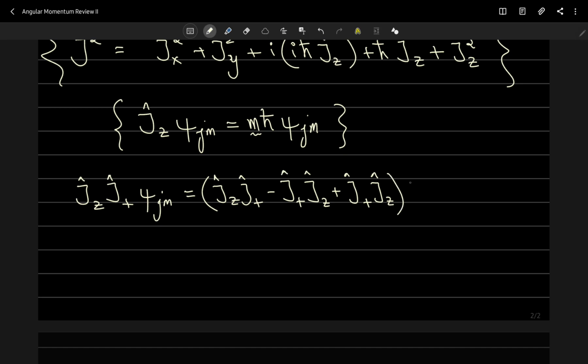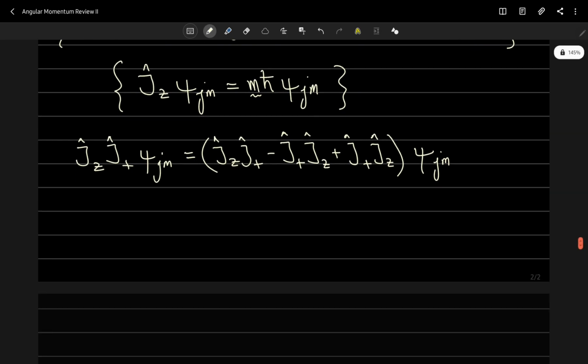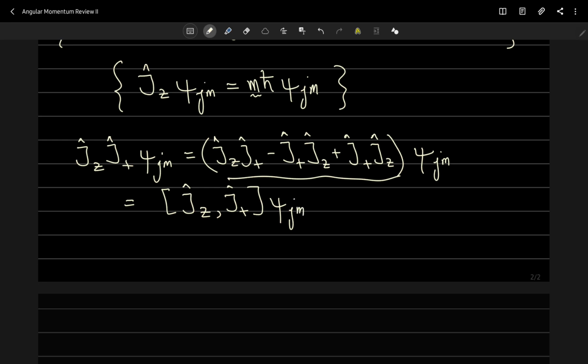We have just done this mathematical trick of adding and subtracting the same thing. This gives you the commutator of jz and j plus times this function psi jm, and then plus this thing that we added, j plus jz operator on psi jm.